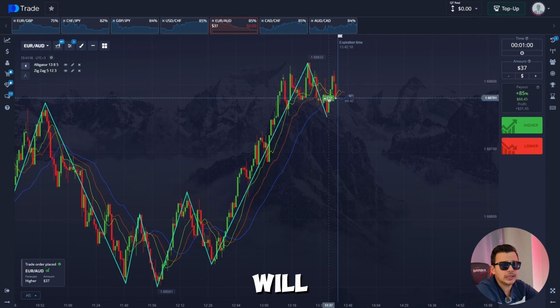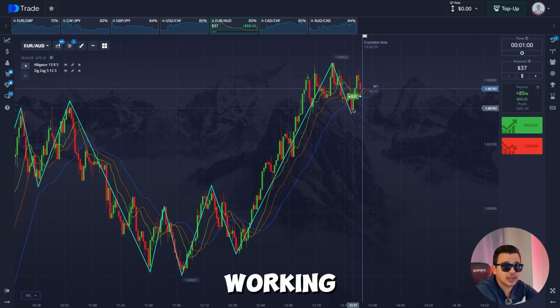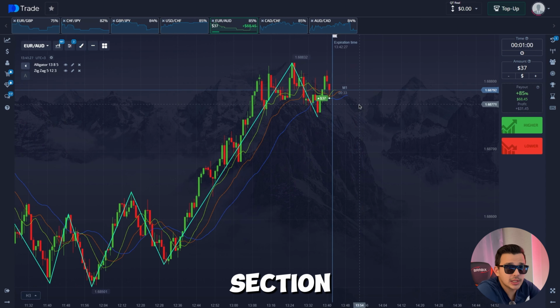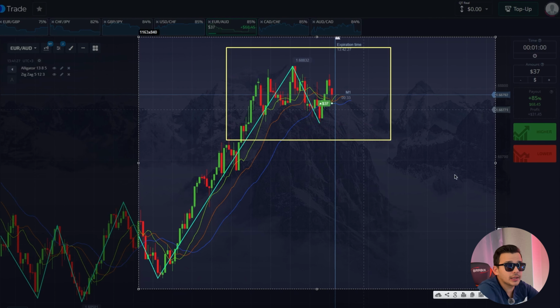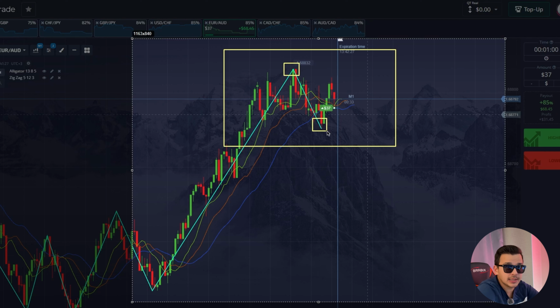Here we will open in the direction of the trend. Good entry point. Let's highlight the working area, and we are interested in this section of the movement. After the update of the local high, then updating the local low, the zigzag should have shown an upward trend, as the moving alligators also crossed at this point and showed an upward exit.